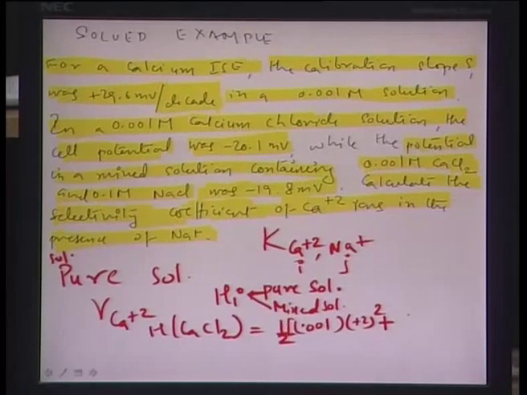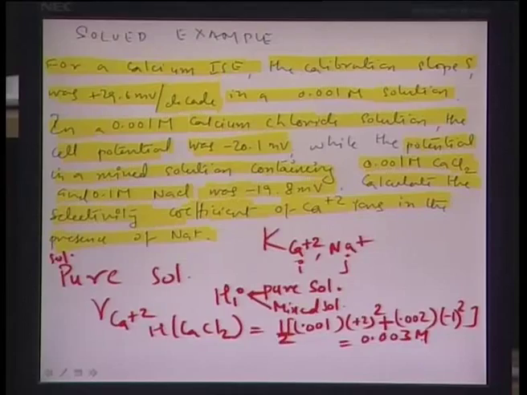There are 2 chlorine atoms per molecule of CaCl2, so the chlorine concentration would be exactly double, 0.002 molar times -1 square. This comes out to be equal to 0.003 molar. So, this is the ionic strength of the pure solution, which is needed to calculate gamma Ca plus 2 pure.